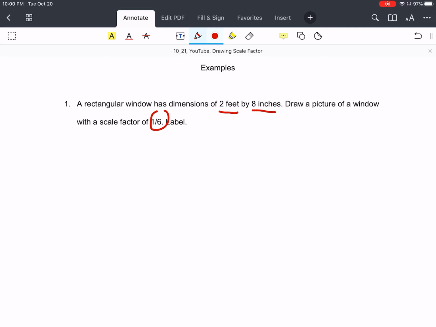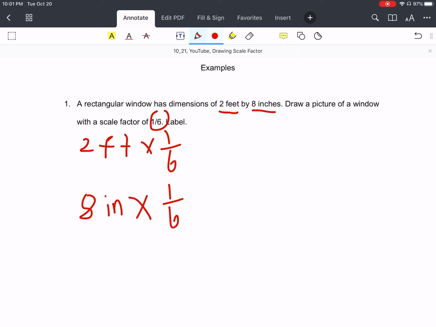So our new dimensions are going to be 2 feet times 1/6 and 8 inches times 1/6. And this here will get us 1/3 of a foot.